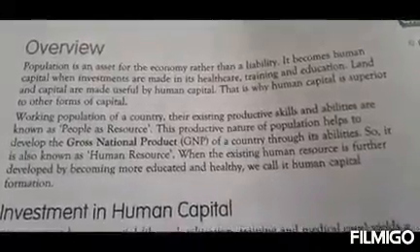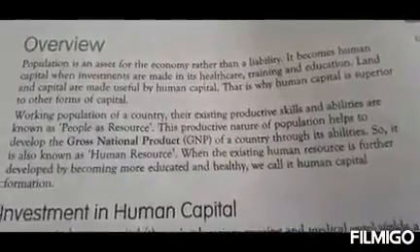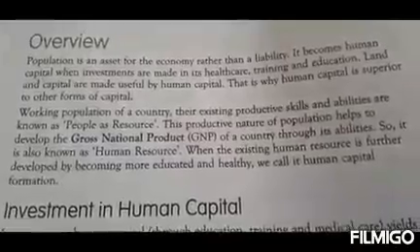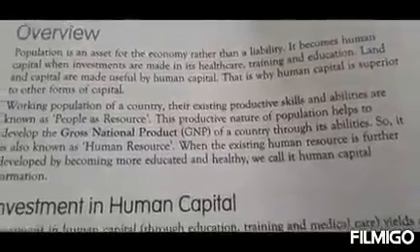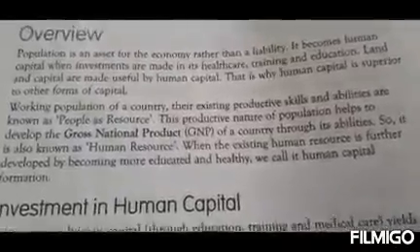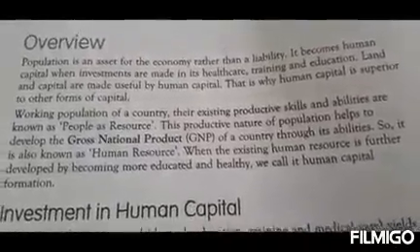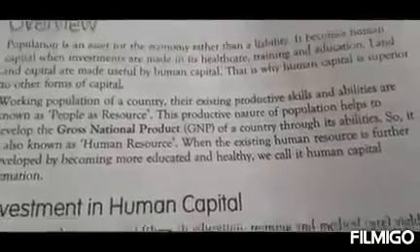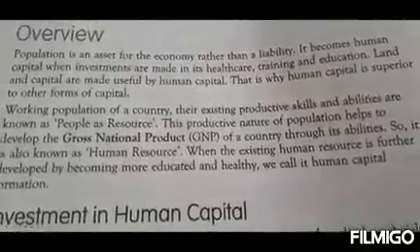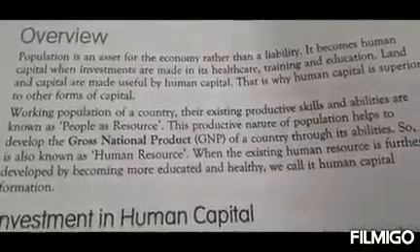Their existing productive skills and abilities are known as people as resource. So those people who have the ability to work, have productive skills and abilities, and also help to develop the gross national product, are known as people as resource.